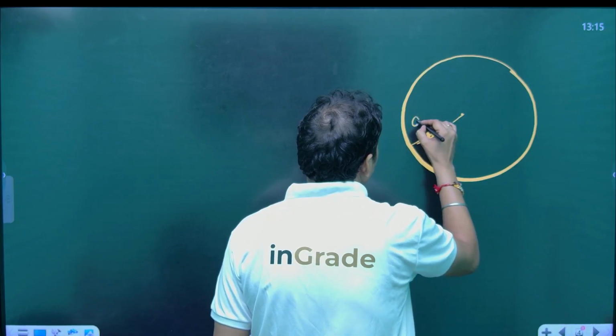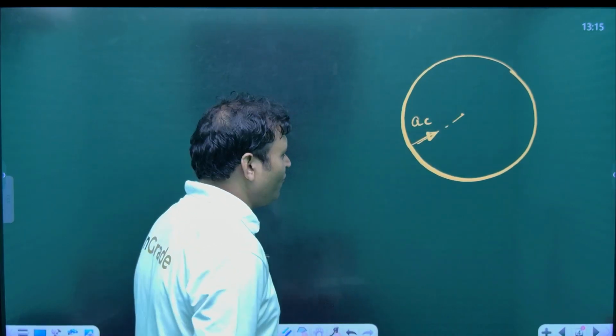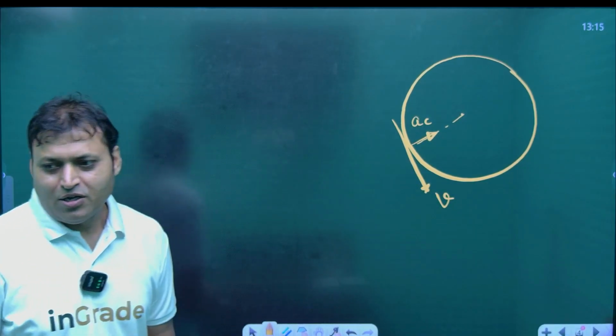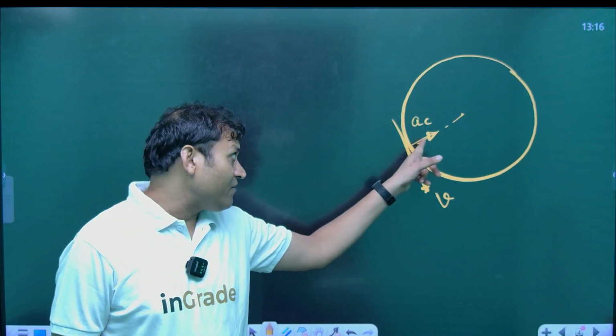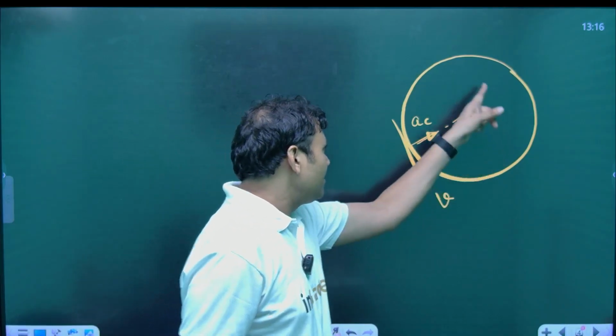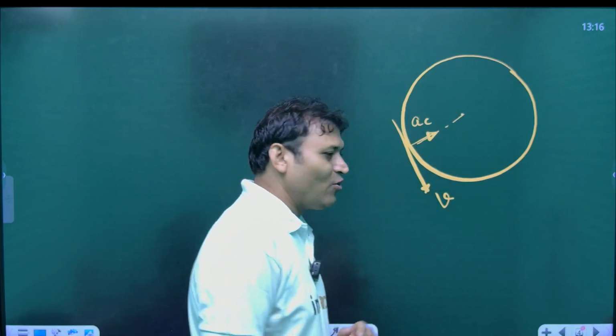That is called centripetal acceleration, which is perpendicular to the velocity. So the component of acceleration perpendicular to the velocity will change the direction of velocity. That is how the particle will move along a circle.